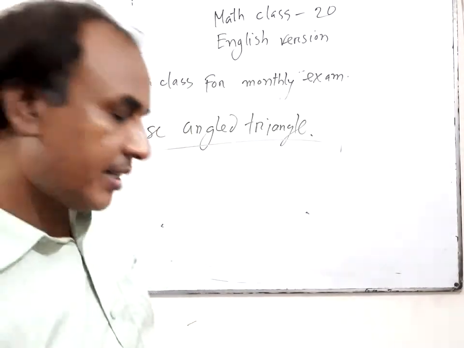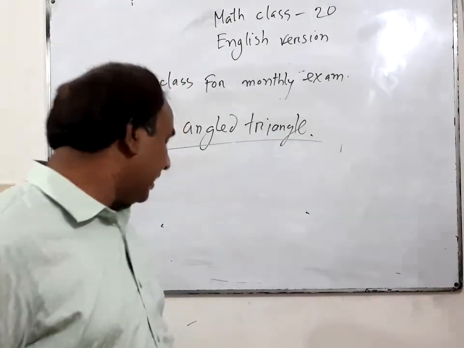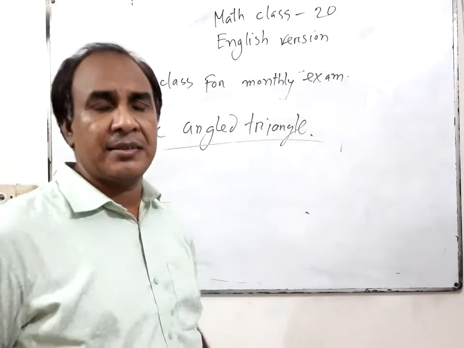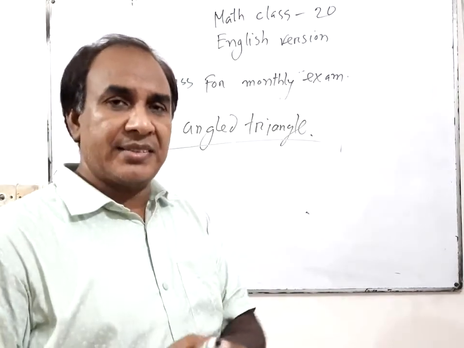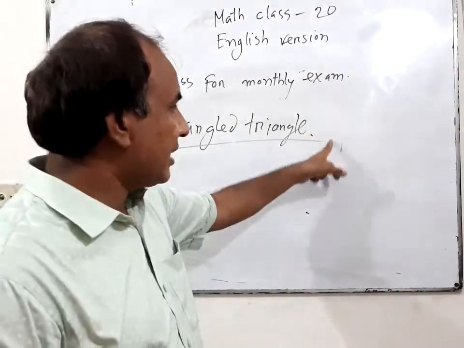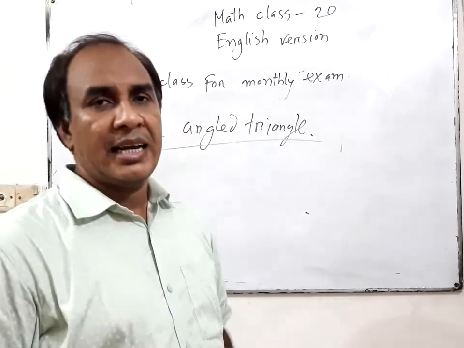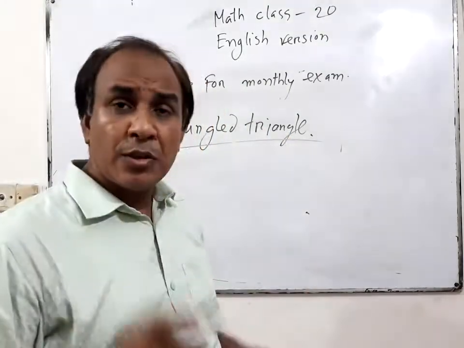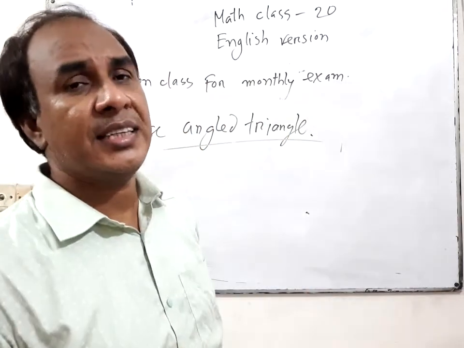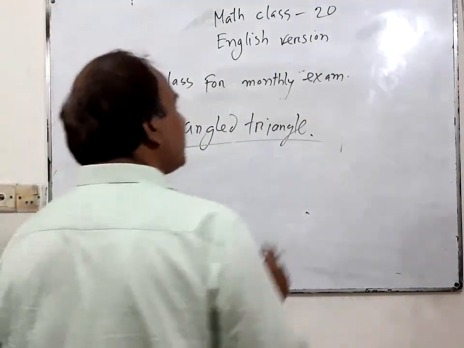No, we have to say a little bit more. It is very easy, my friend. My dear student, please just listen to me. The triangle having one obtuse angle and two acute angles is called obtuse angle triangle.